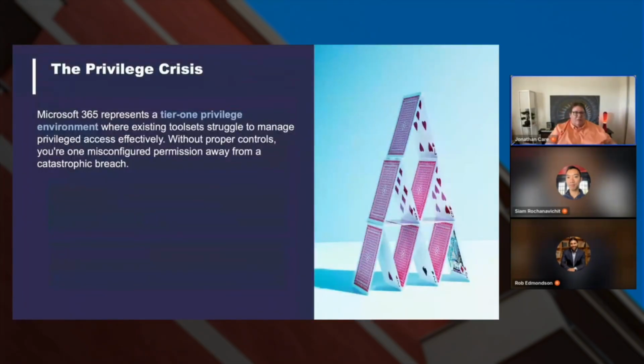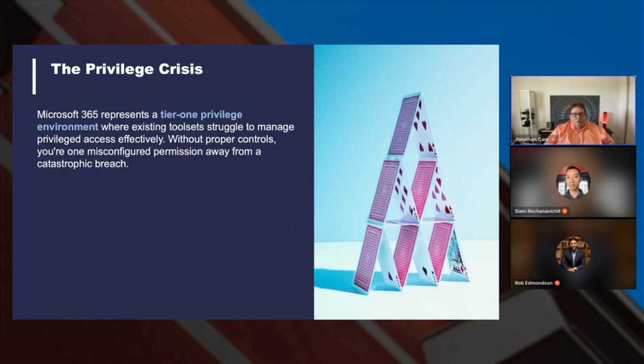So, the crisis of privilege. We hear this term used a lot, but I'm of course referring to the focus, the locus, if you like, of our cloud-first environment. Microsoft 365 is a critical privilege environment. And what does this mean?